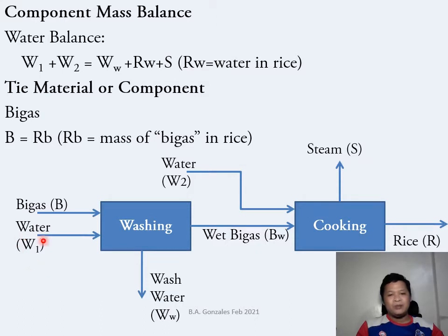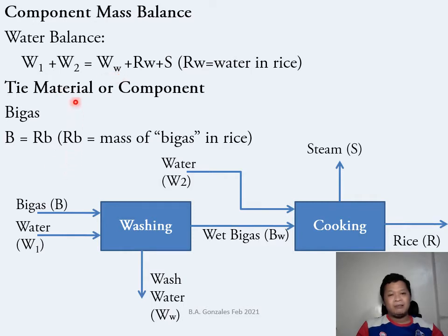So yung pinanghugas mo plus yung pinangsaing mo ay napunta sa wash water. Okay? Tinapon sa sink, naging steam, nag-evaporate, and then na-absorb ng rice. So we can actually compute for water based on this water balance equation.